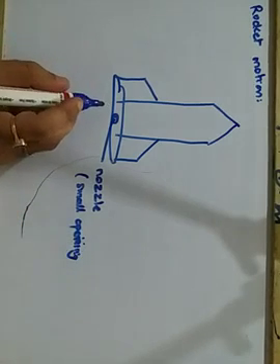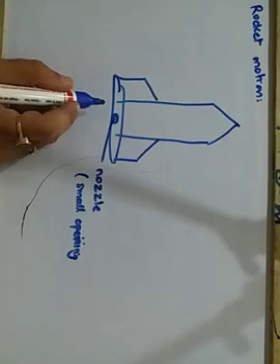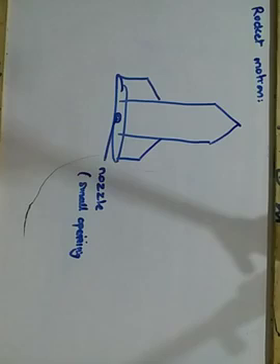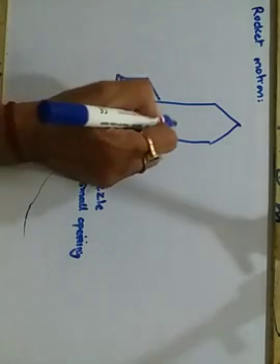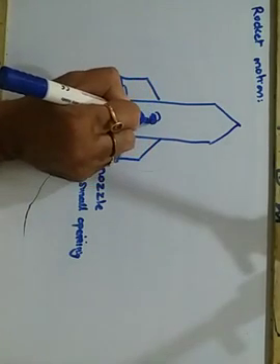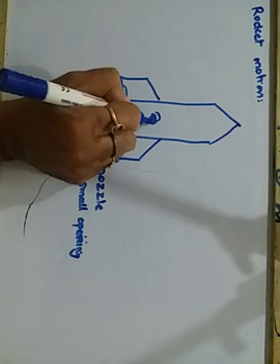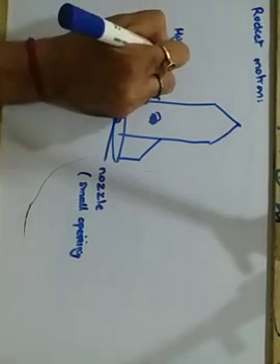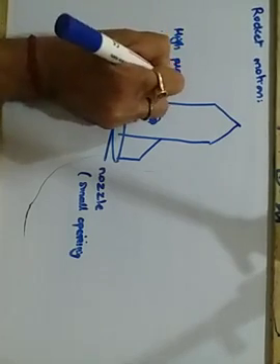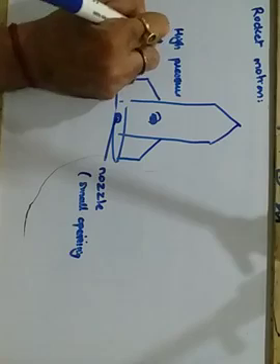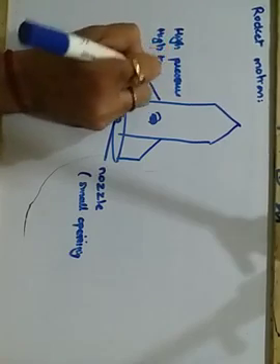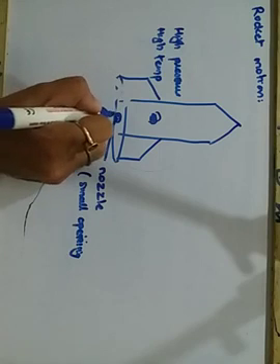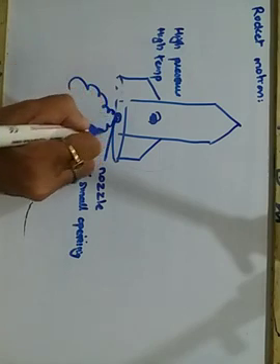So what happens is, when the rocket is about to get launched, there is a fuel inside it which is burnt inside the rocket. The gases are burnt at high pressure and also at a high temperature, and they are expelled out.